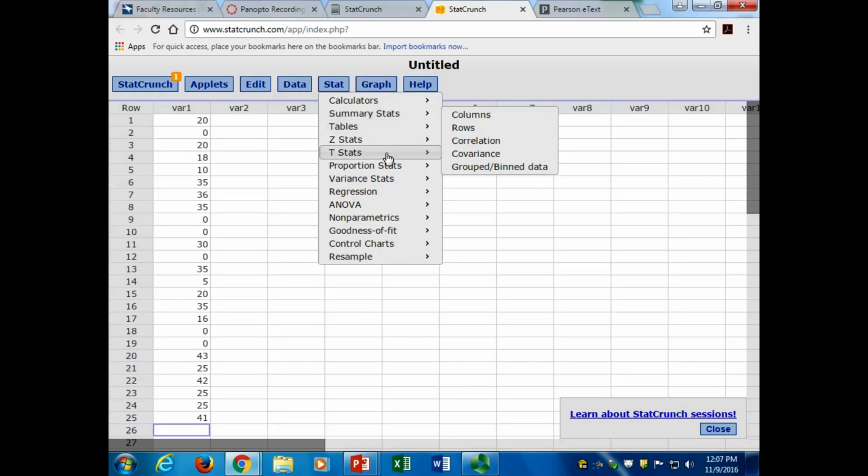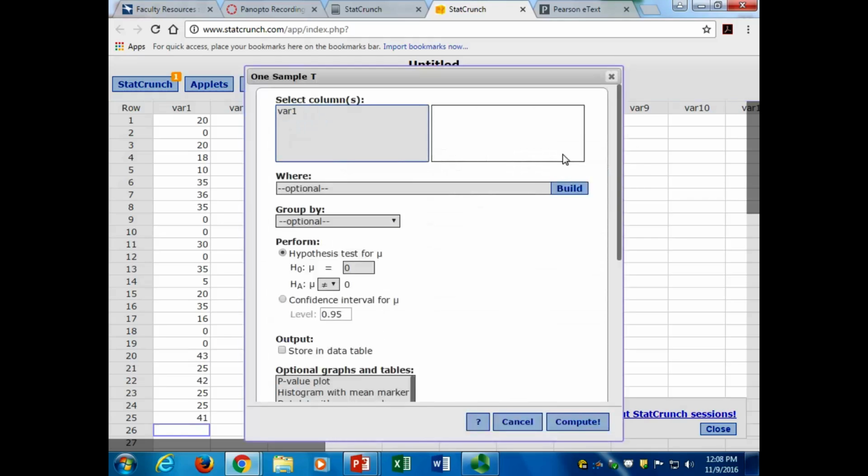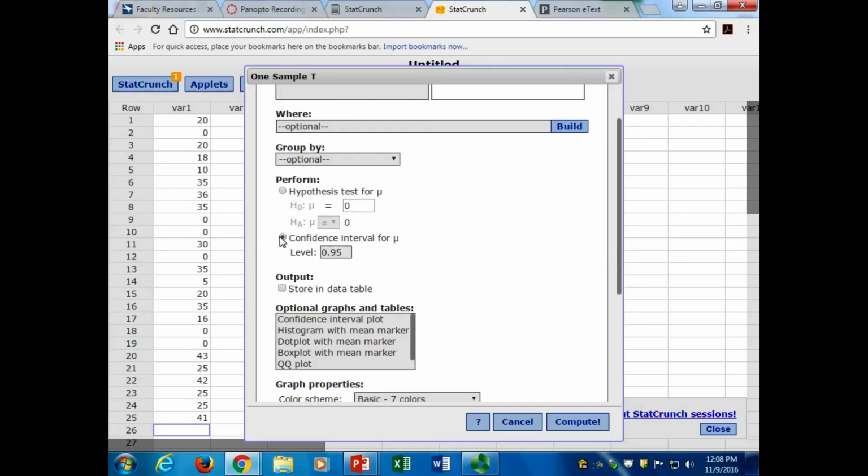So you'll notice one of the options here says T-stats. If you go into one sample T-stats, since we actually had the raw numbers, you can just select that, and you can choose to do a confidence interval, and you get to pick your confidence level.